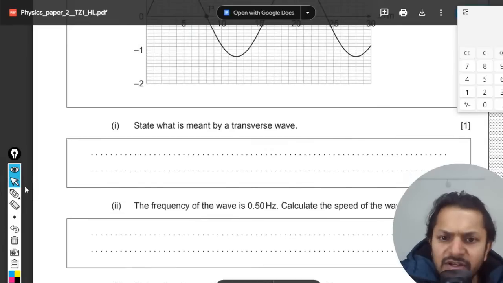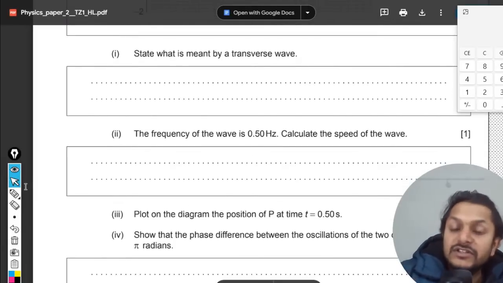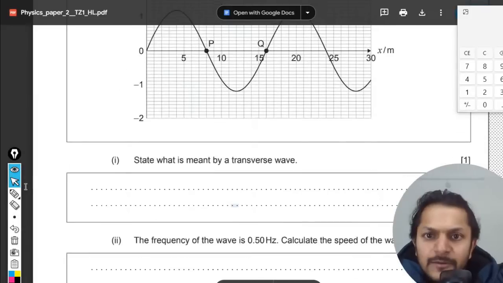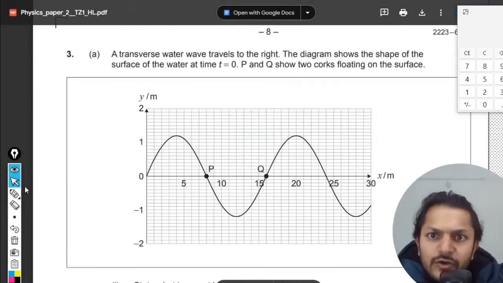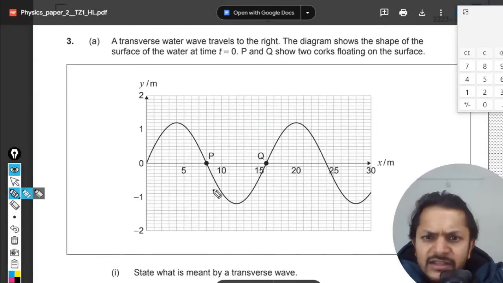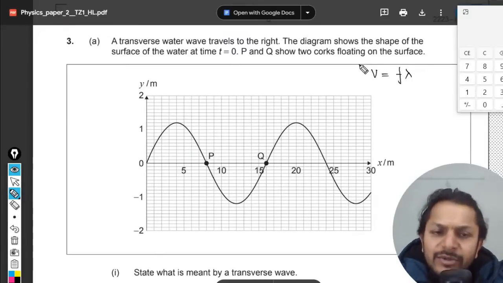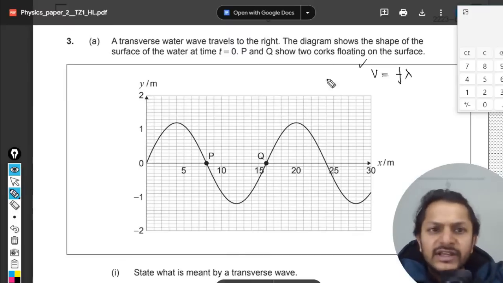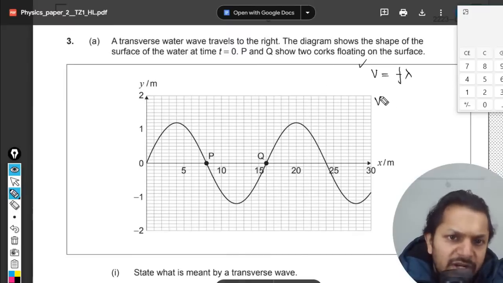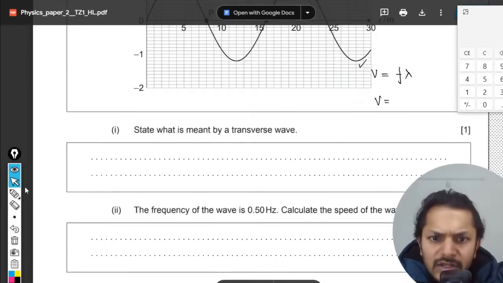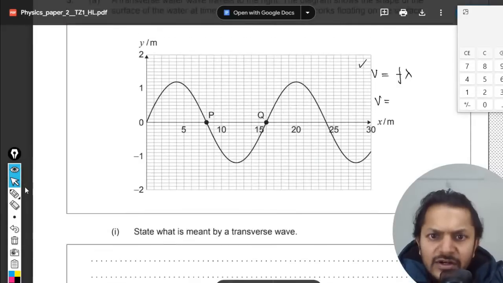What are they asking? The frequency of the wave is given as 0.5 hertz. Calculate the speed of the wave. Okay, frequency is given and you want to find the speed of the wave, and the distance is also given. So the speed of the wave is equal to frequency into wavelength, a very simple formula, and we would be using this. The frequency was 0.5 hertz.